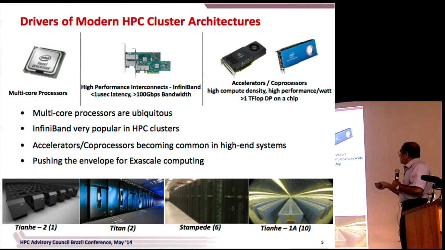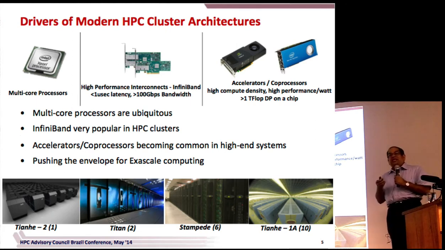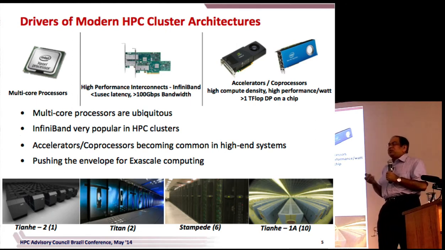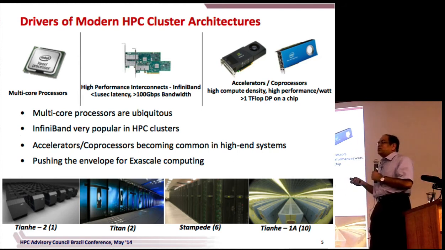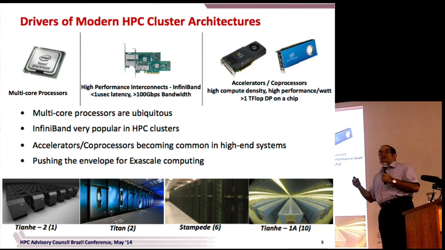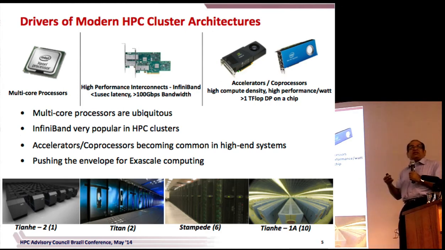The third thing which is helping is accelerators or co-processors, both from the NVIDIA side, the GPGPUs, and also from Intel, the Many Integrated Core or MIC. These are the hardware components which help us design these large scale systems. All these systems, Tianhe-2, Titan, Stampede, Tianhe-1A, have these 3 components in common.